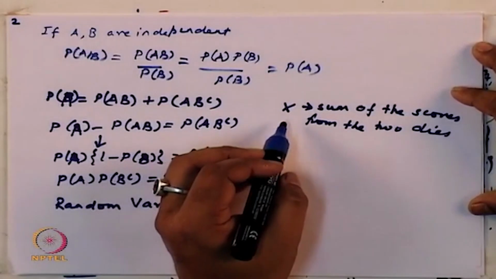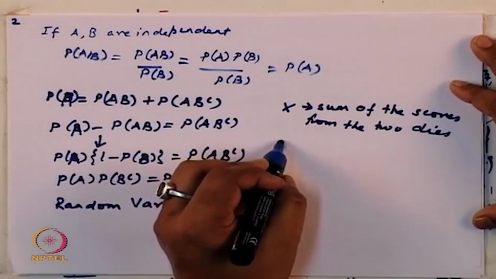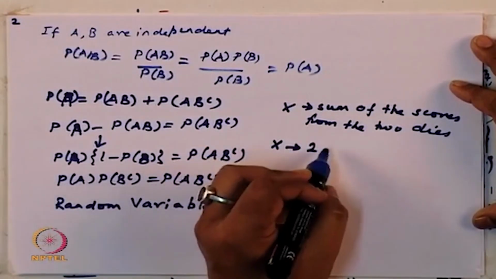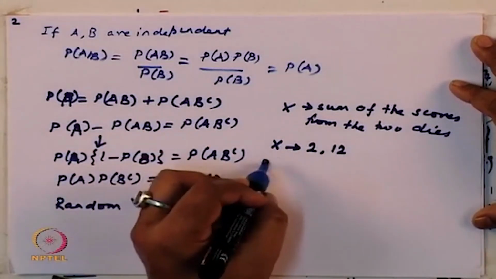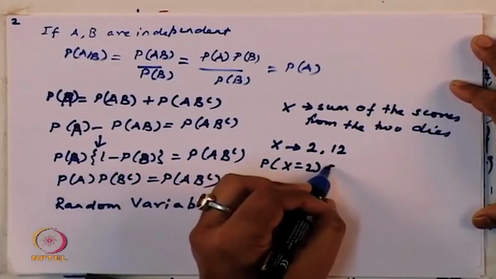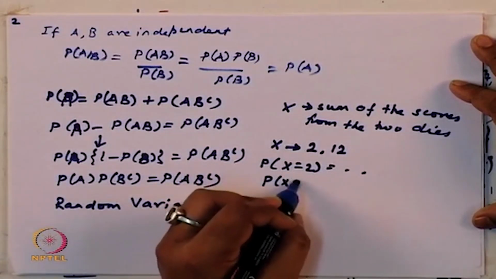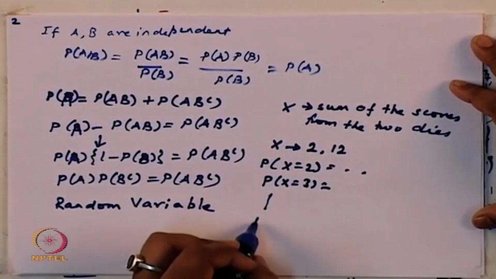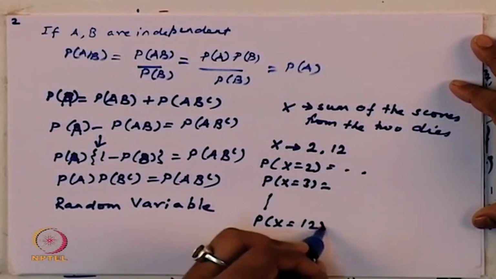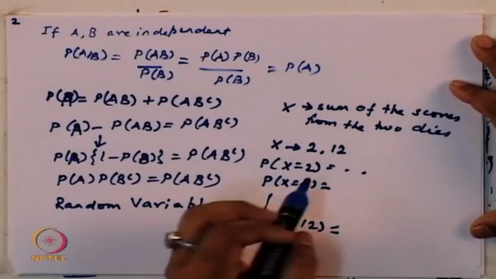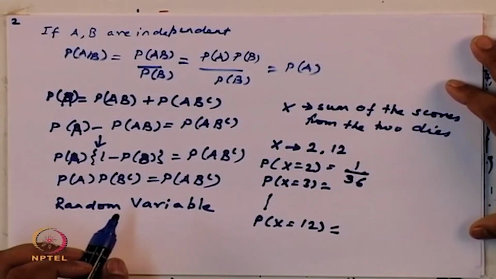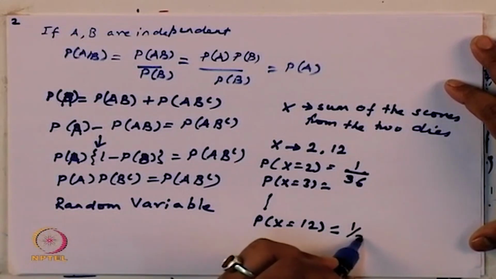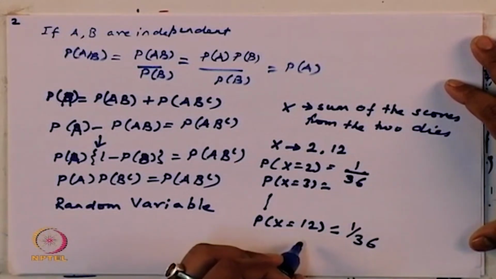So, x will vary from 2 to 12, and we had computed each of the probabilities, x equal to 2, x equal to 3, and so on up to 12. For example, probability of x equal to 2 is nothing but 1 by 36, and probability of x equal to 12 is also 1 by 36, because 6 and 6 is the only outcome which corresponds to x equal to 12.